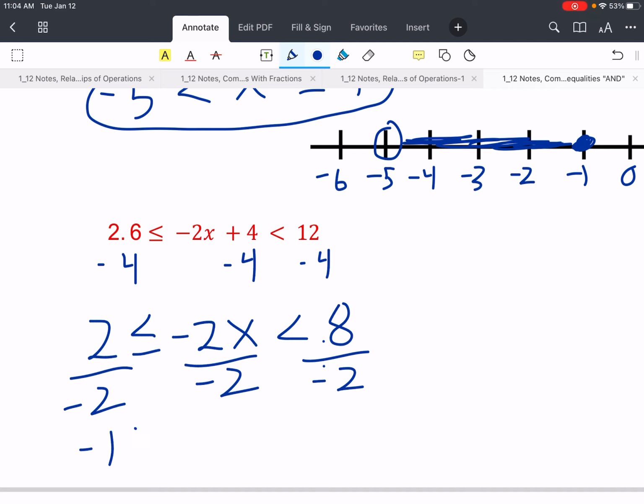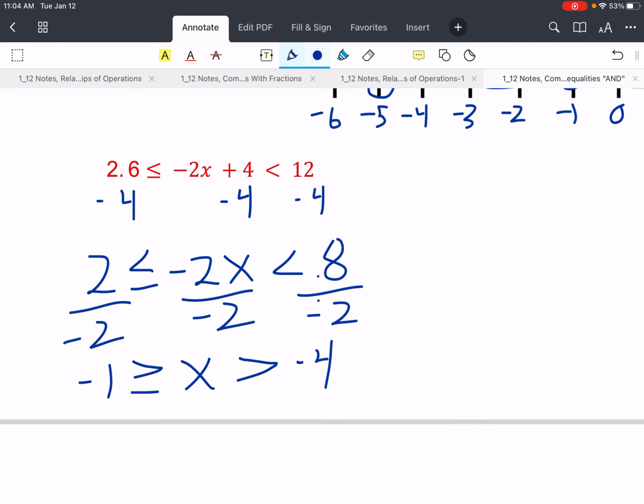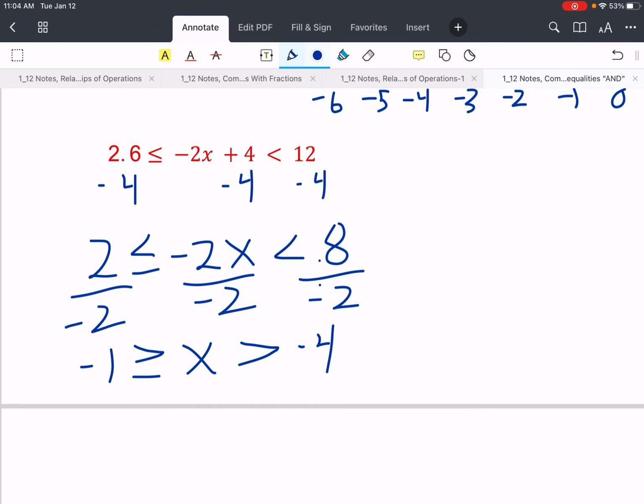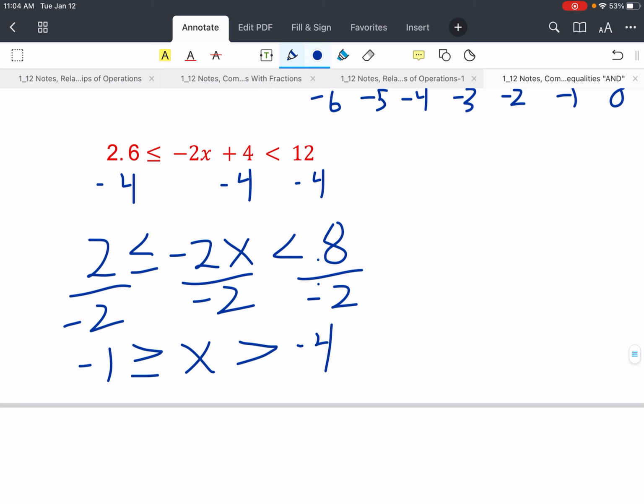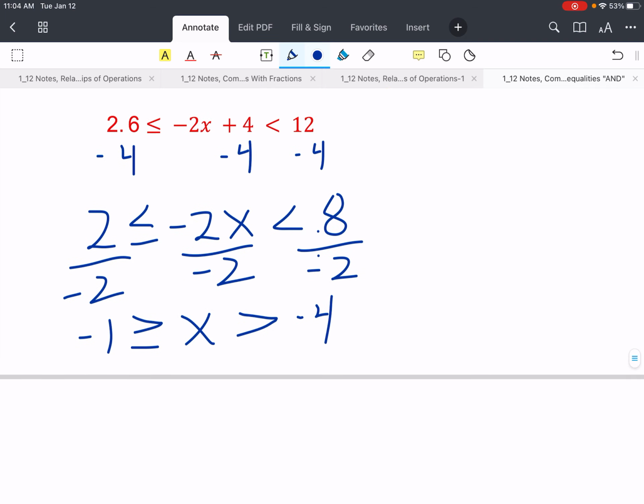So this is -1 is now greater than or equal to x, which is greater than -4. So we now see that x is going to be greater than -4 and less than or equal to -1.